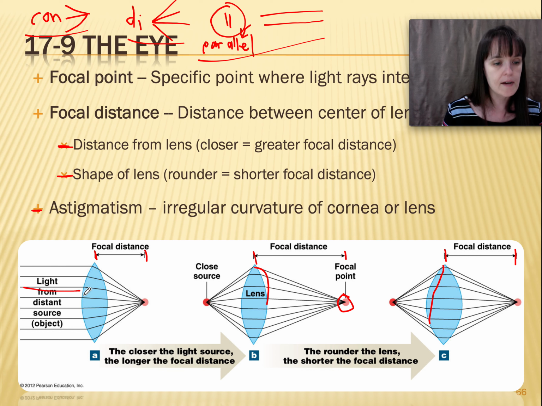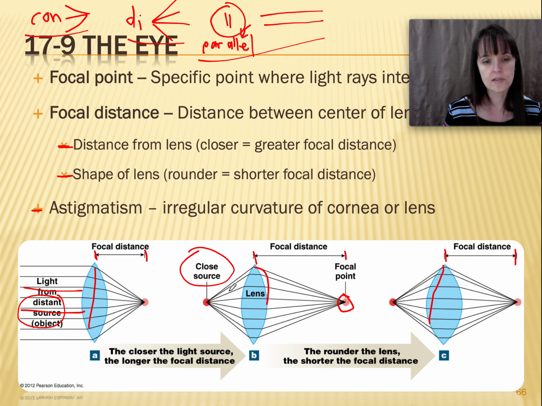So we have parallel lines. When a light is from a distant source, at least 20 feet away, then it's parallel when it hits the center of the lens. And so as we move from a distant light source to a closer light source, here the rays are diverging instead of parallel.